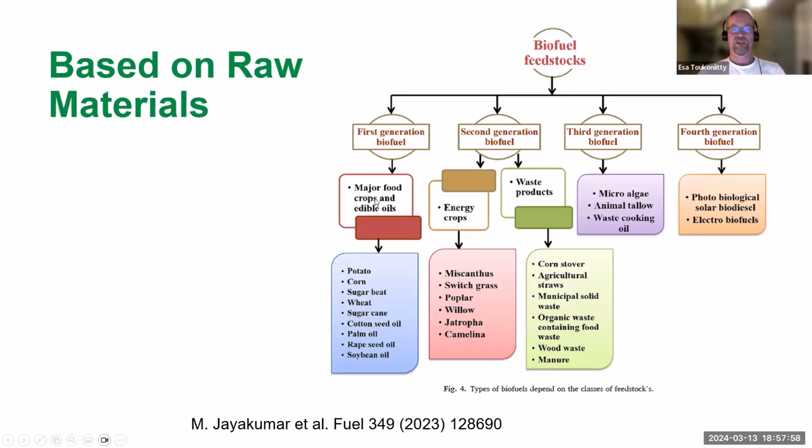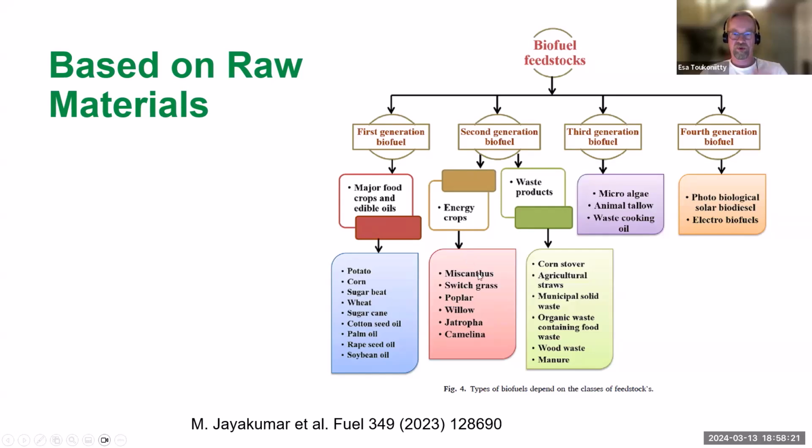So first is edible crops, and 2nd generation is non-edible ones. So here are more like the actual starting materials: potato, wheat, palm oil, etc.